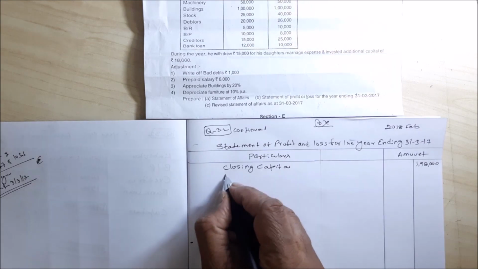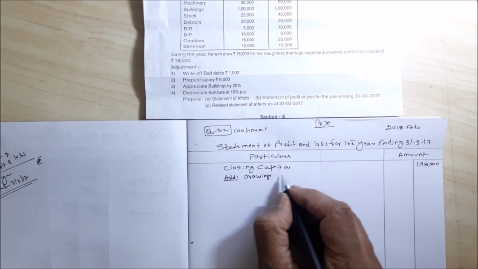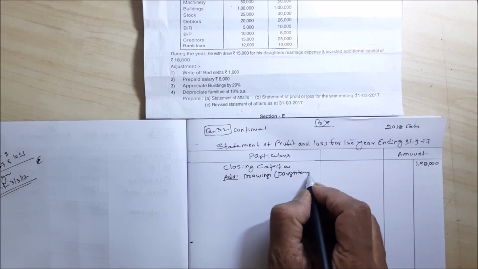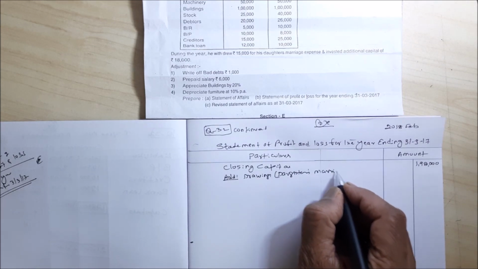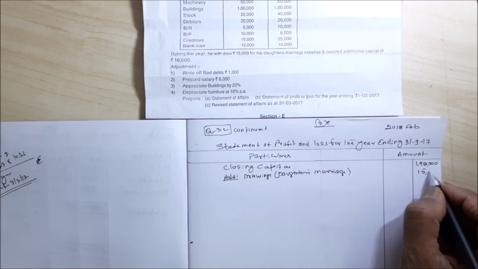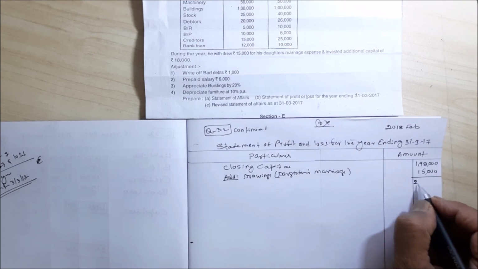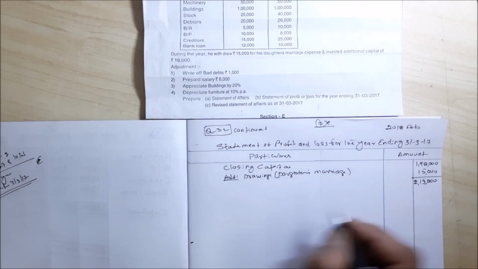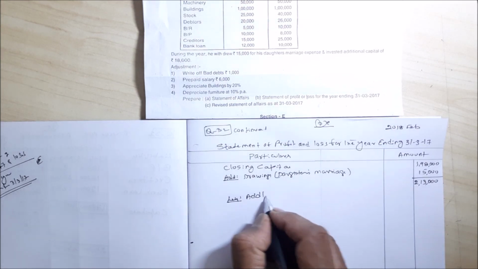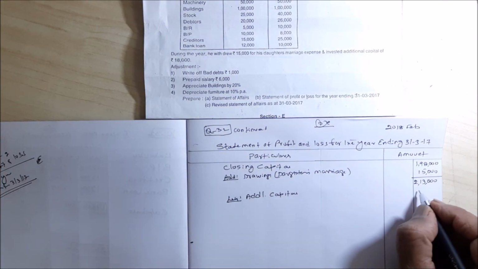Then add drawings. If you want to know what that is, daughter's marriage. How much? It is 15,000. Add, then you will get 2,13,000, less additional capital. It is 18,000.